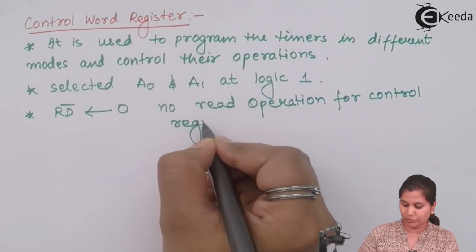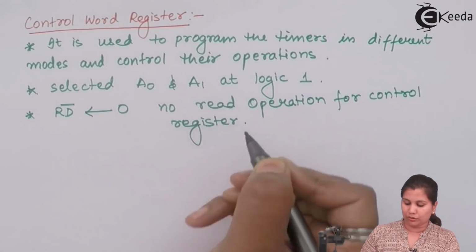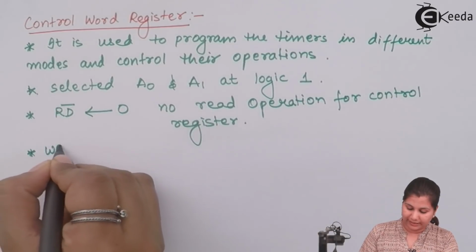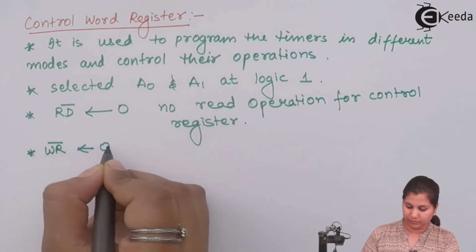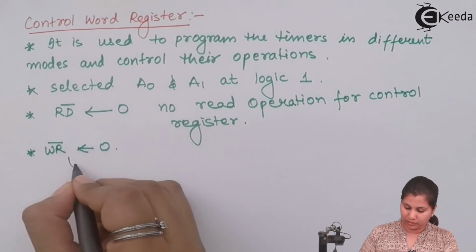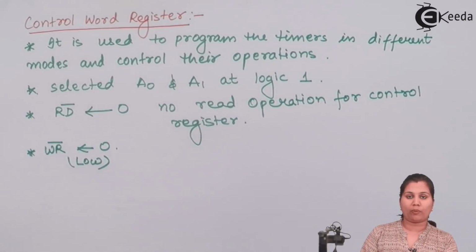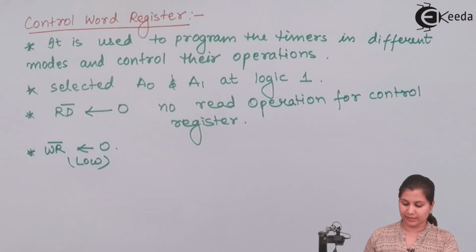We cannot read the control word, so this will have no effect on it. Now if the value of the write signal is 0, meaning it's low, then the control word which is provided by the microprocessor will be written into the control register.